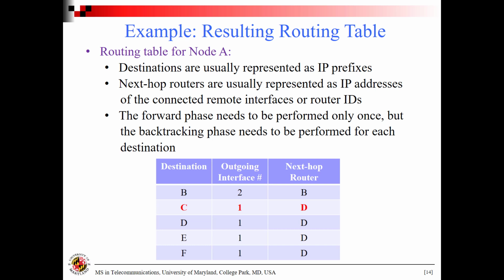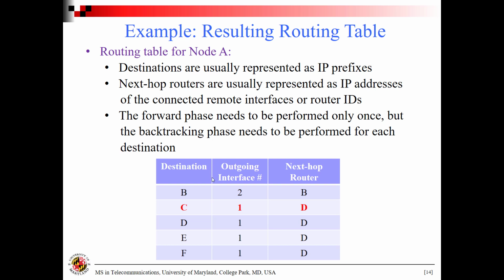You have a destination, which is typically represented as IP prefixes. Now, for simplicity, we're just going to use these symbolic letter names for the nodes or the routers instead of numerical IP addresses, just to make things more abstract and easier to see.